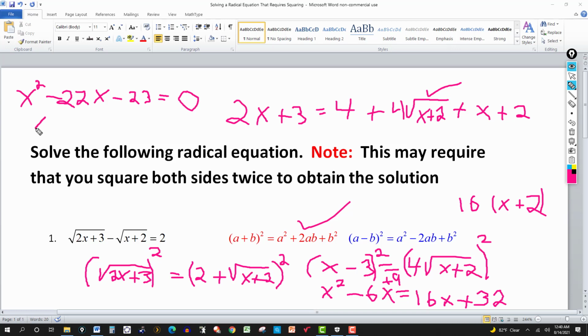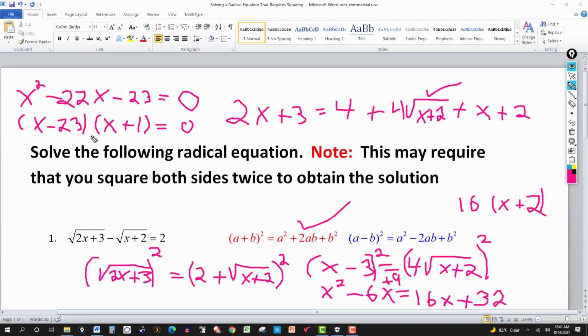Now this one's going to factor into x minus 23 and x plus 1. You can check the product here. x times x is x squared. 1 times the minus 23 is a minus 23 there, and minus 23x, and then 1x is minus 22x.